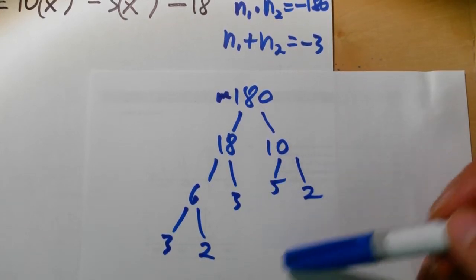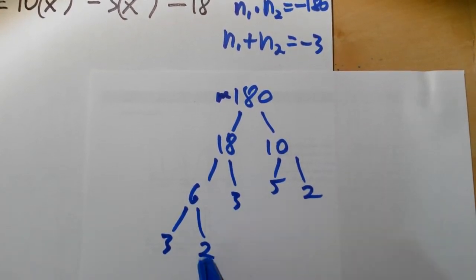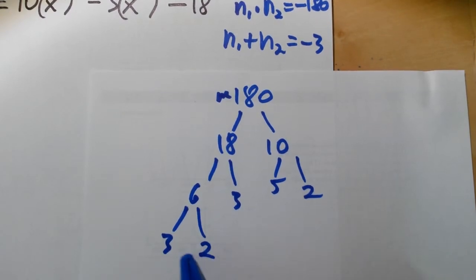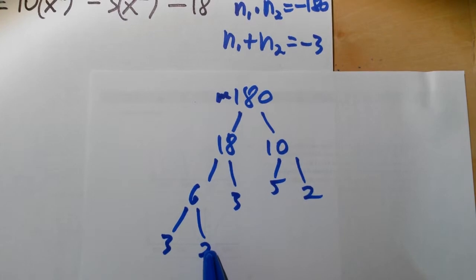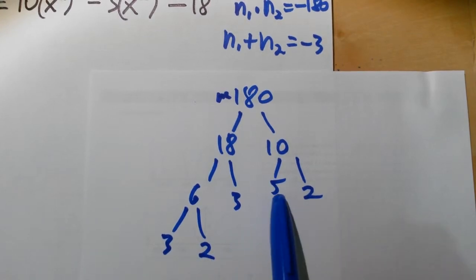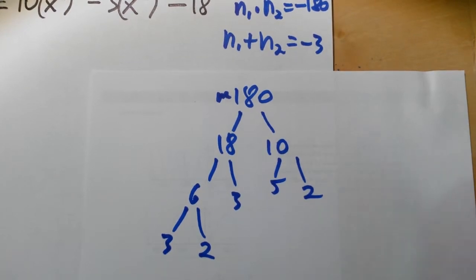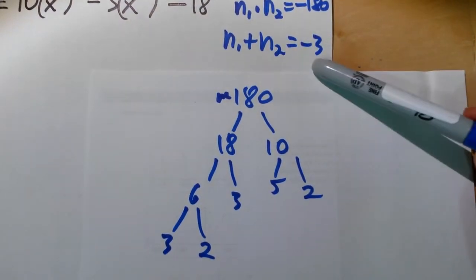What are these numbers? Well, we have 10. We have 3 times 3, 9, times 2, 18. We add those, no. What are these two numbers? Let's see. 3 times 2, 6, times 2, 12, and we have 15 here, 12 and 15. When we subtract them, we can get negative 3.